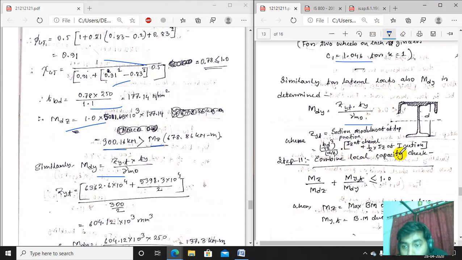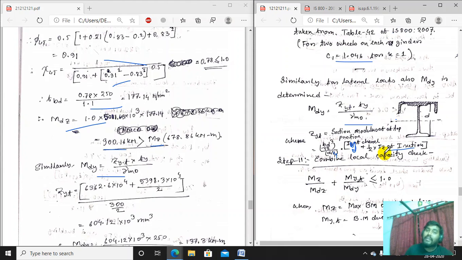Now Iz of the I section, that we have, no Iz, but for channel section it will be Iy. So here is another thing that will be changed. So please make that correction in your previous note, and it will be Iy of the channel plus 2 into half into Iz of the I section. Please make that correction in your previous note. Okay, it is very much required.